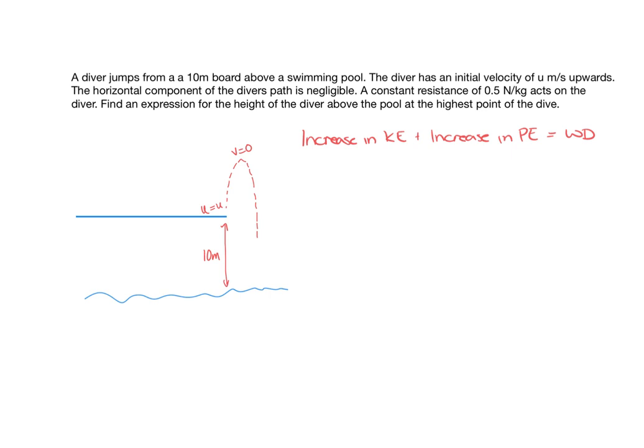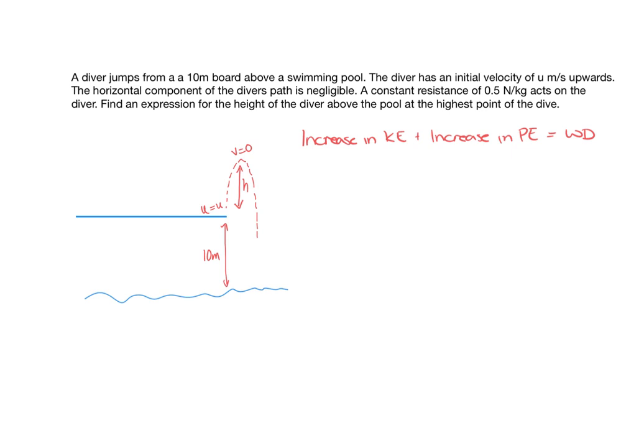They're going to jump upwards, travelling at u meters per second, and when they get to the top of that jump, their velocity is going to be 0. So let's use our formula: increase in kinetic energy plus increase in potential energy is equal to the work done. So the increase in kinetic energy is going to be equal to the final kinetic energy minus the initial kinetic energy.